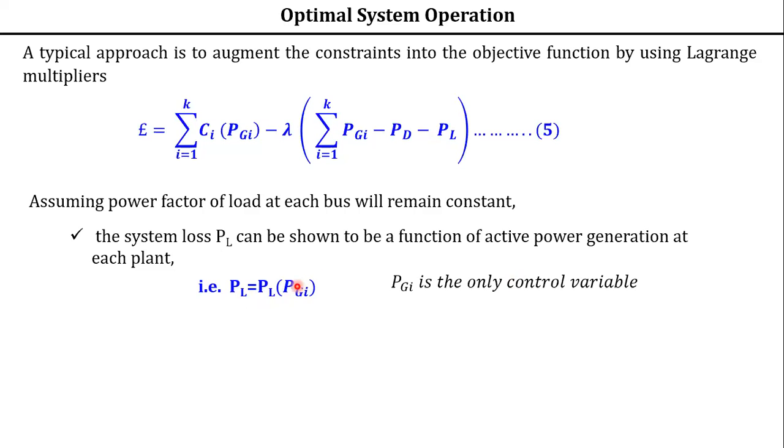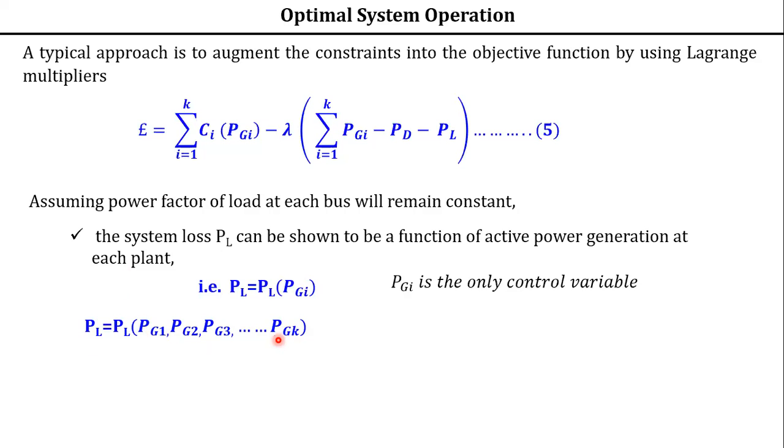So that is the only control variable we have. Again, this is represented by PG1, PG2, PG3, etc., PGK. What is K? There are K number of generating stations. Is it clear? So this is how we represent the transmission loss PL as a function of its active power generation at each plant. That's why we have represented PG1, PG2, etc., PGK. Clear?